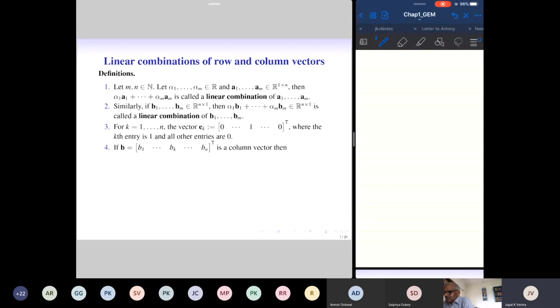You can check very easily that it is a linear combination of these n column vectors E1, E2, up to En with scalars as the entries of the column vector. So B is equal to B1 E1 plus up to Bk Ek plus up to Bn En. So this is a linear combination.